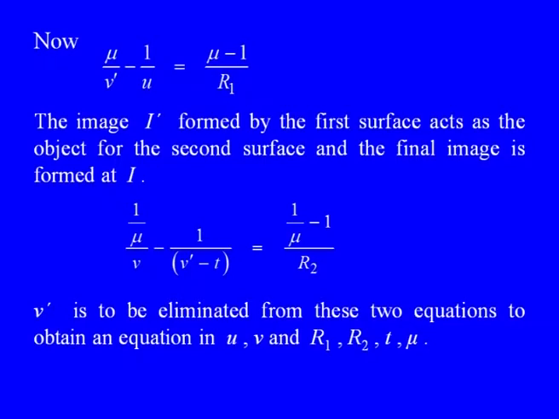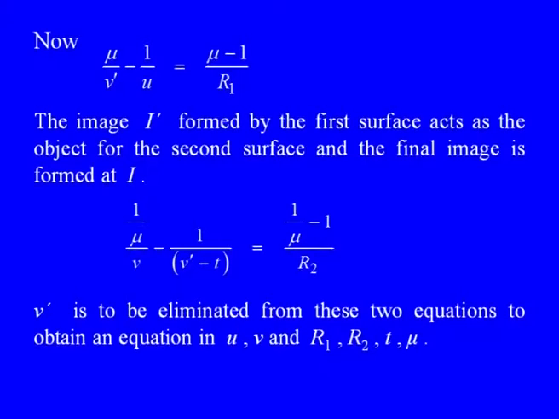The image I prime formed by the first surface acts as the object for the second surface, and the final image is formed at I. So, here you have the relationship 1 upon v minus mu upon v prime minus t, the t is coming because it is a thick lens, is equal to 1 minus mu divided by R2. R2 is the radius of curvature of the second surface.